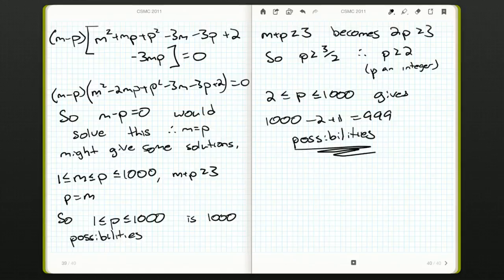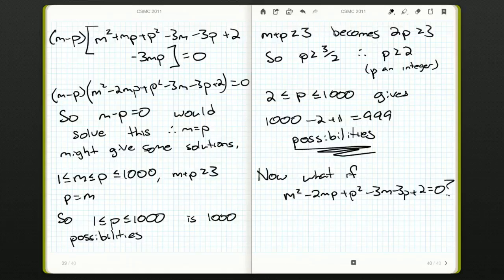Now, how about m and p that solve this equation right here? And keep in mind, anytime m is equal to p and it also solves this equation, we're going to have to exclude that because then we'd be counting possibilities twice. Okay. So we ask ourselves, what if m squared minus 2mp plus p squared minus 3m minus 3p plus 2 equals 0?